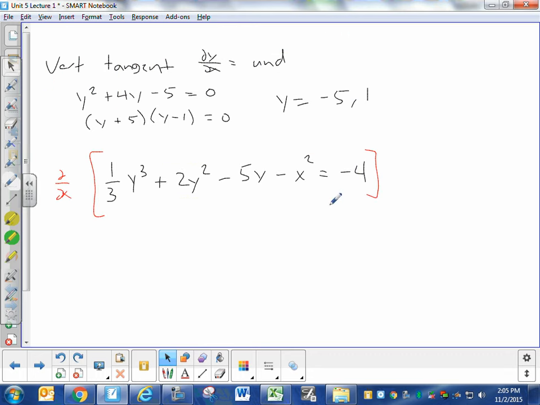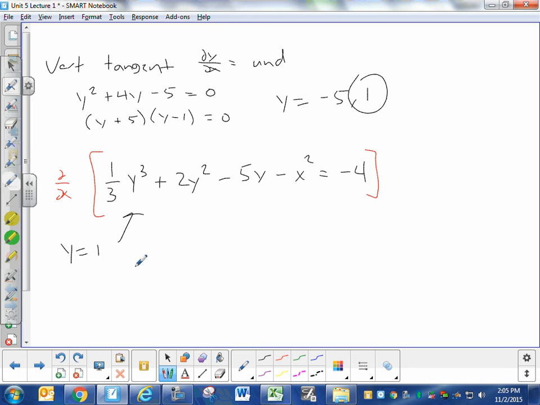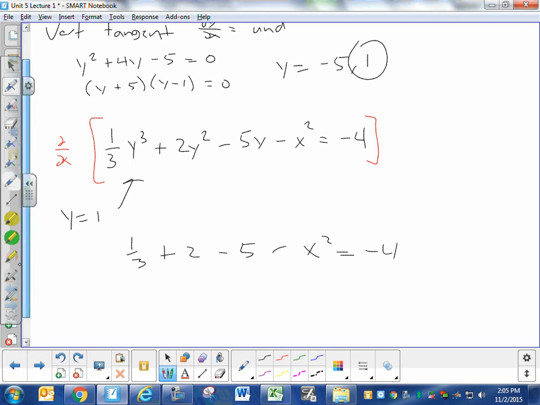Good. Okay. So let's just say for y equals 1, we'll plug 1 into our original equation. We'll get 1/3 plus 2 minus 5 minus x squared is equal to -4. I will then solve for x.